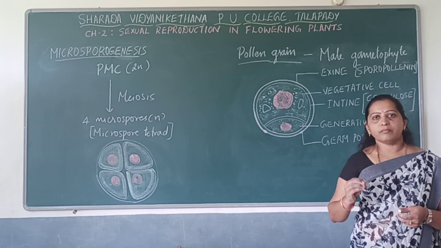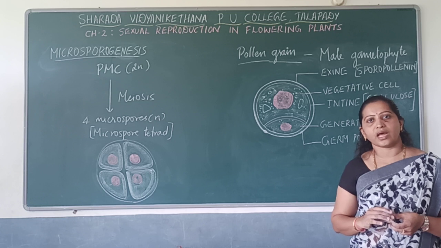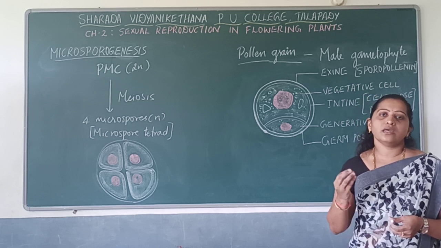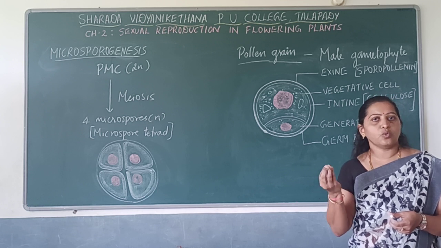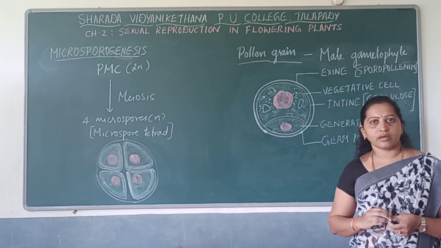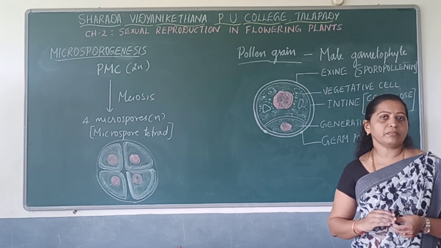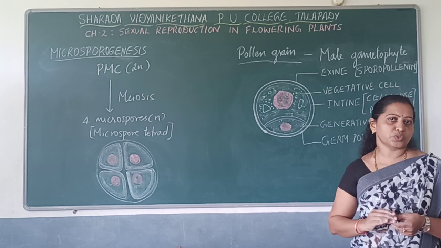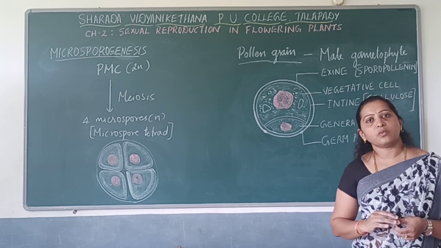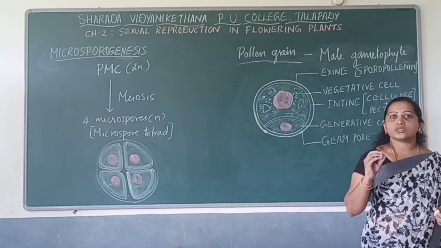In plant breeding programs, the scientists or biologists who work on plant breeding experiments usually collect pollen grains which are stored. You have to remember that pollen grains can be stored in liquid nitrogen at around minus 196 degrees Celsius.